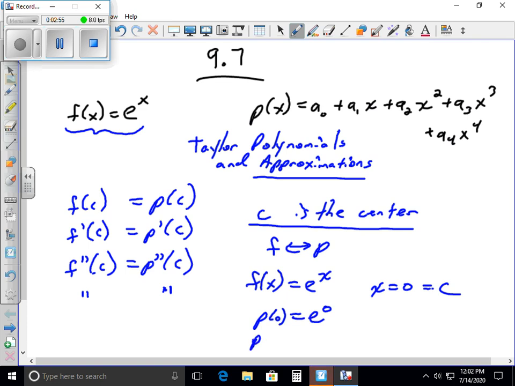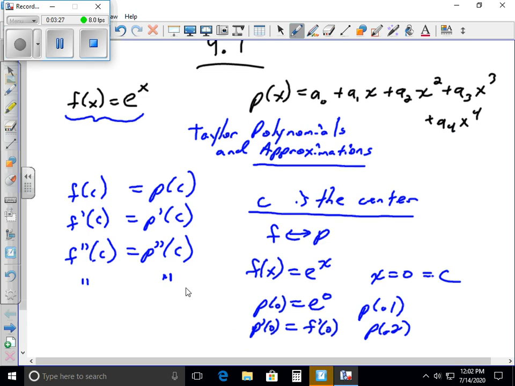And we'll want the first derivative of our polynomial to be equal to the first derivative of e to the x at 0. Once we get that polynomial, we might evaluate it at points close to 0, like 0.1, 0.2. And they're going to be fairly close. They may not be exactly the same as our original function, but they should be close as long as this point is close to where we are centering it.